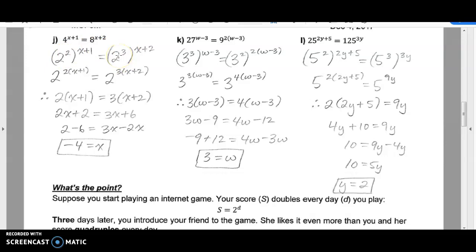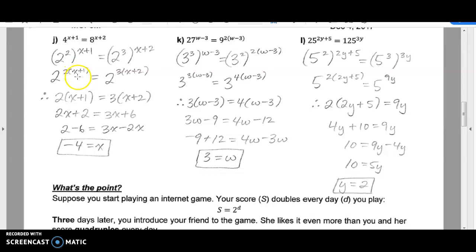Okay, so sometimes you only have to change one of the bases. In a question like part J, or in all of these, J, K, and L, we have to change both of the bases so that they can be equal. So once I express both bases here as 2, so 2 squared in place of the 4, 2 cubed I replaced the 8 with. Now I have to use my exponent rules.